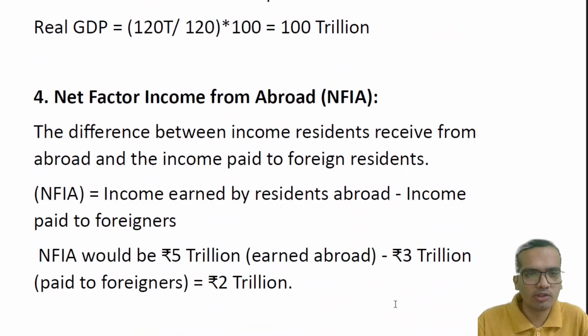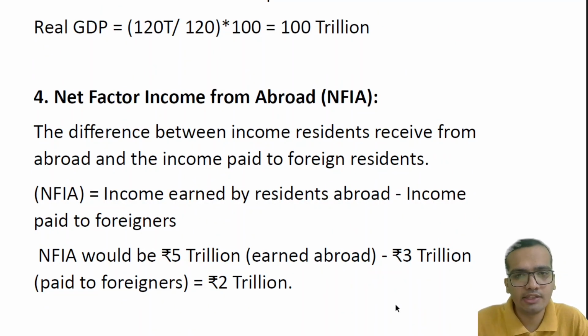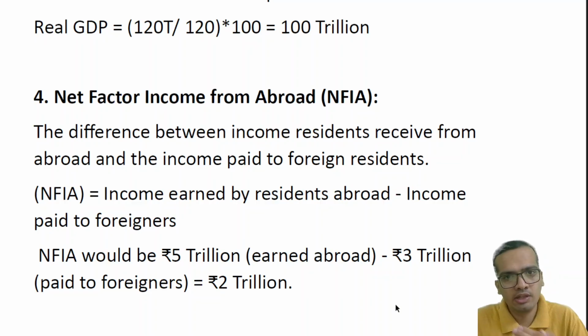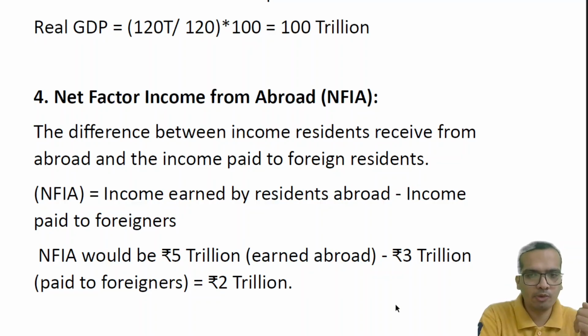Then comes the fourth concept, net factor income from abroad, shortly called NFIA. It is the difference between income residents receive from abroad, meaning what we earn, and income paid to foreign residents, meaning what we paid abroad.